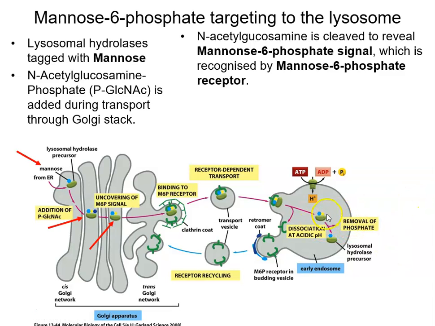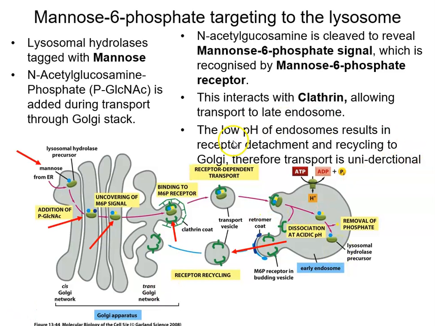We then get cleavage of the phosphate group off, and we get the lysosomal hydrolase precursor here. And this low pH of the endosomes results in this being a unidirectional transport system, so you can't get this enzyme being sent back to this part. Once it's detached from the receptor, there's no way of this enzyme being transported backwards towards the Golgi.